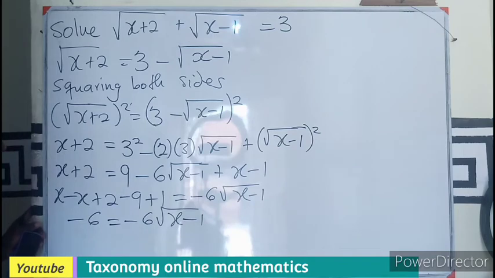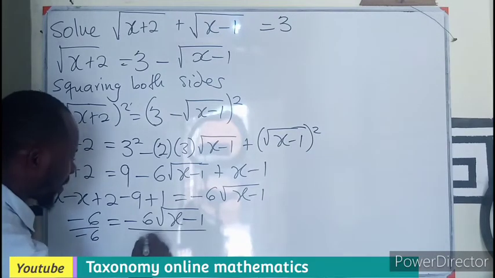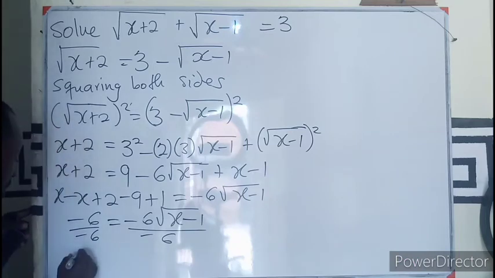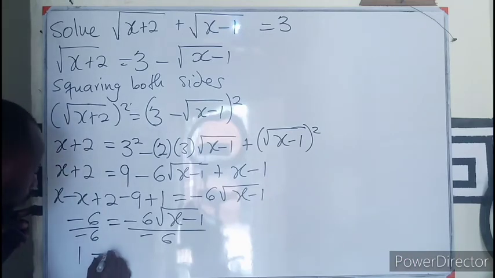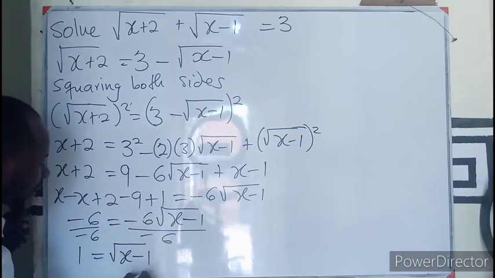What do I have here? I still have a root that I can easily cancel, or I can divide through by what? 6, since 6 is common. So if I divide through by my 6, which in this case negative 6, I'll be having negative 6 here, negative 6 here. That will cancel to give you 1 is equals to the root of x minus 1.